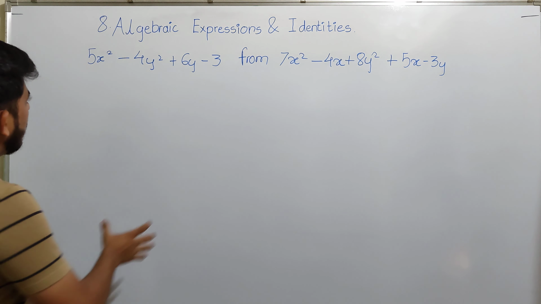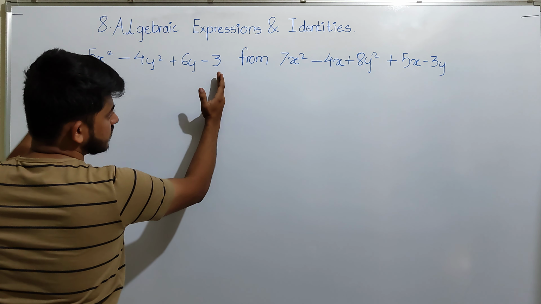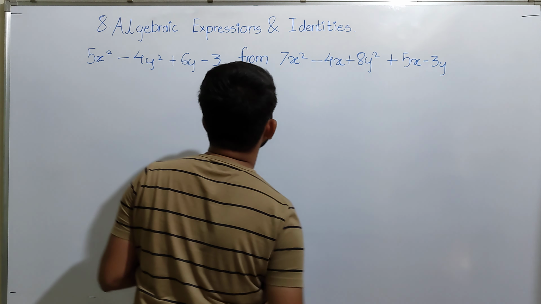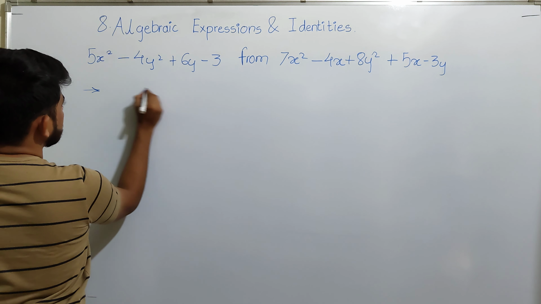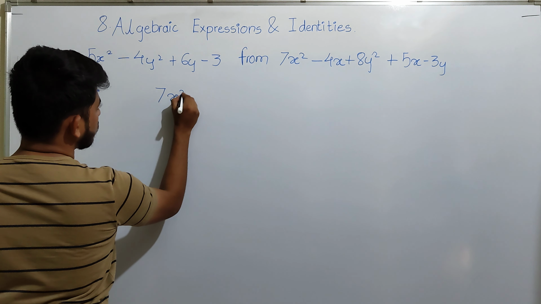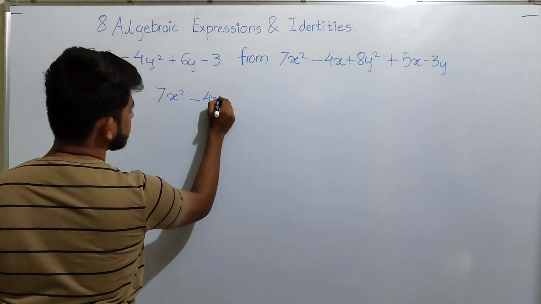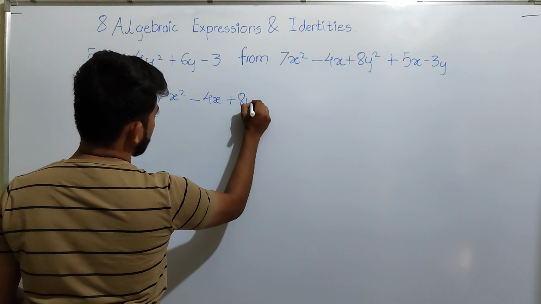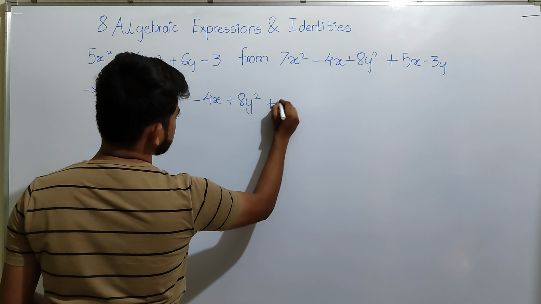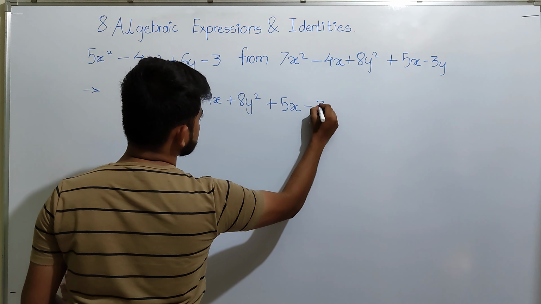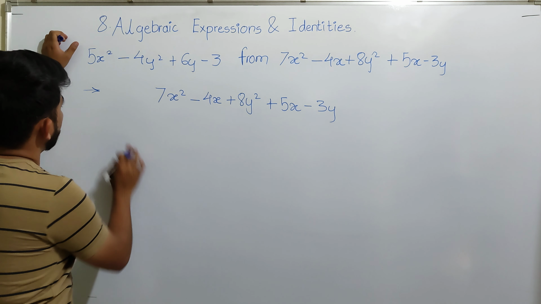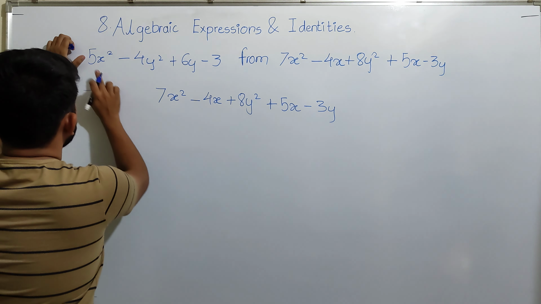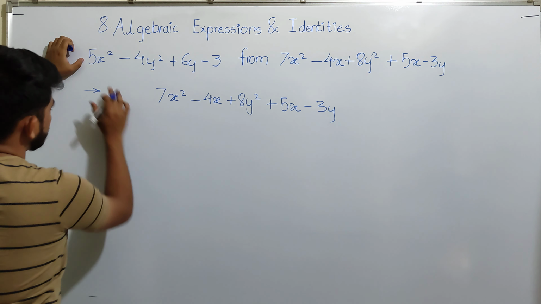So I have to subtract this much from this much. Writing the equation as it is, 7x square minus 4x plus 8y square plus 5x minus 3y. As I said, I have to subtract this from that.